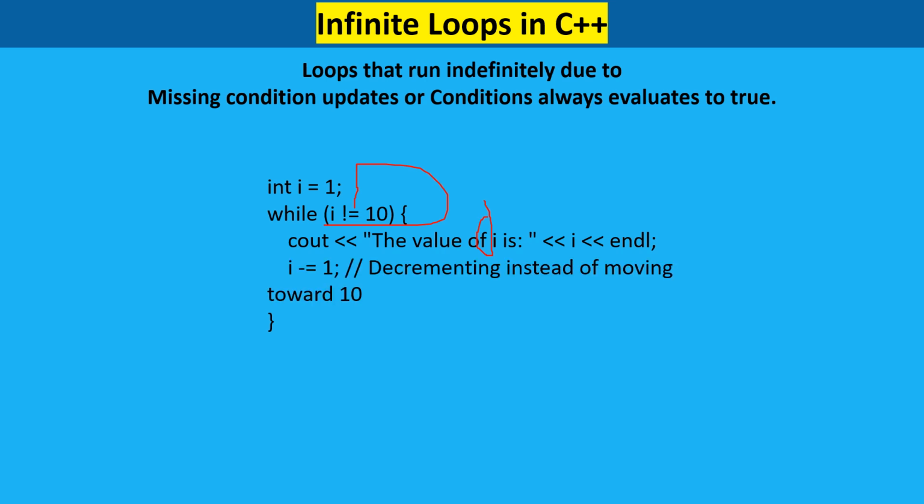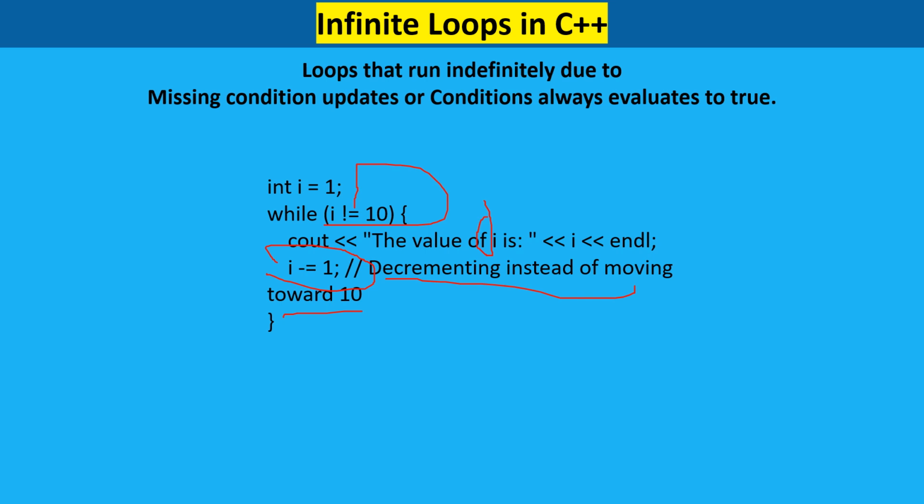And then, instead of incrementing i to move toward the condition i != 10, the code decrements i by 1. This causes i to move further away from 10 with each iteration. Why does the loop get stuck?